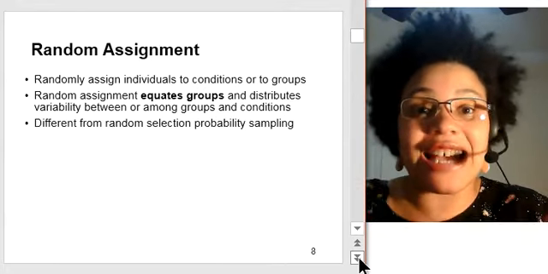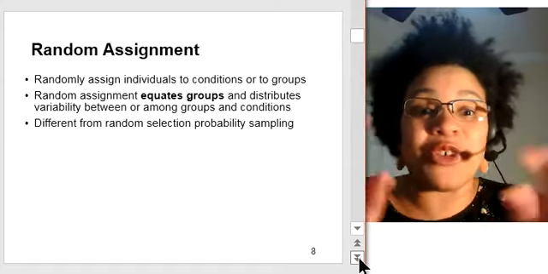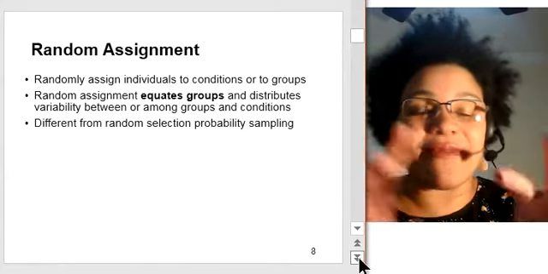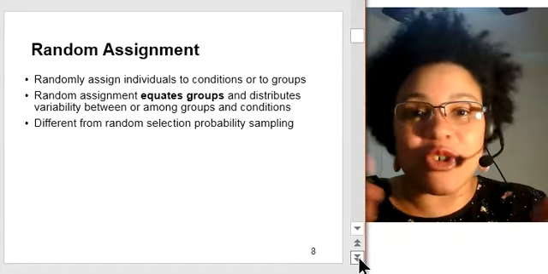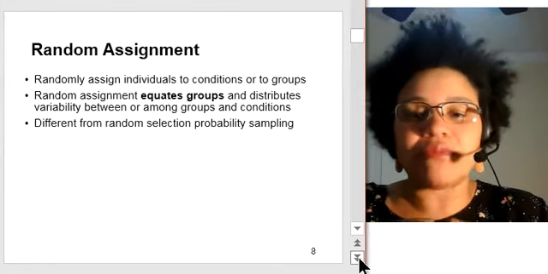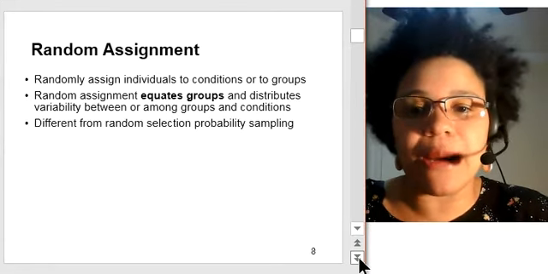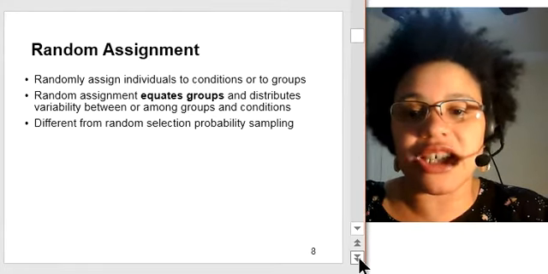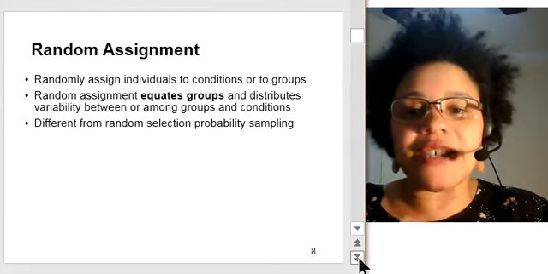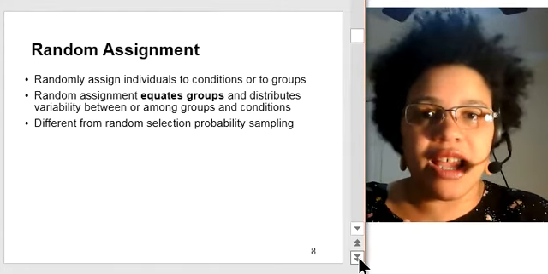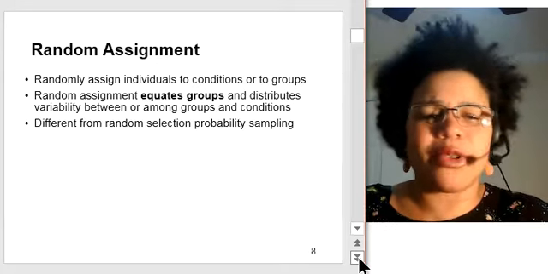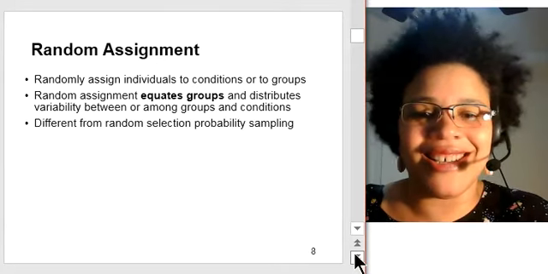So if we randomly assign, we're hoping that a mixture of people end up in each group, and the groups are kind of similar. So random assignment equates groups and distributes variability between or among groups or conditions. And it's different from random selection probability sampling for reasons we won't get into.